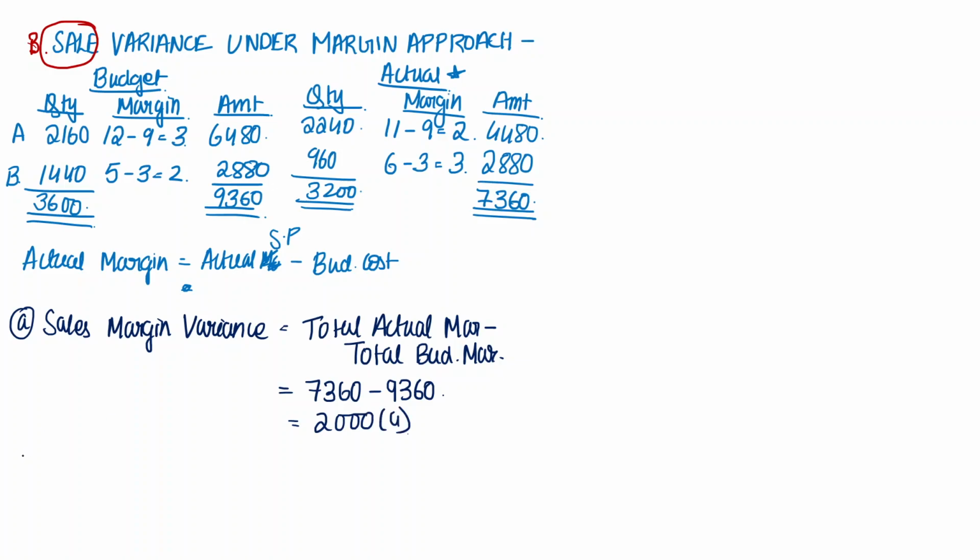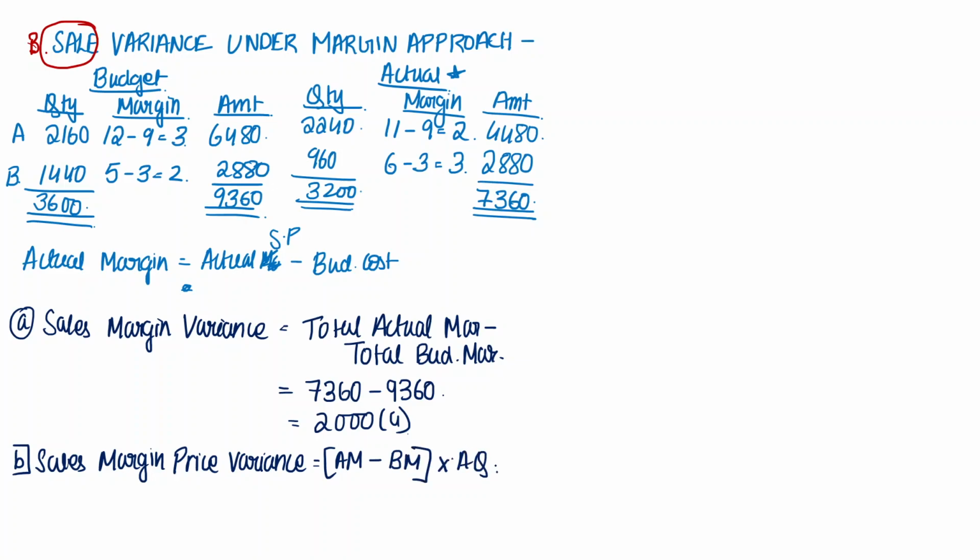Next variance, sales margin price variance. That is your actual margin minus budgeted margin into actual quantity.